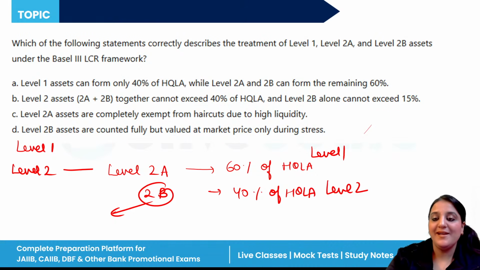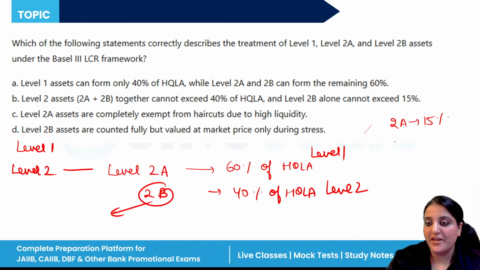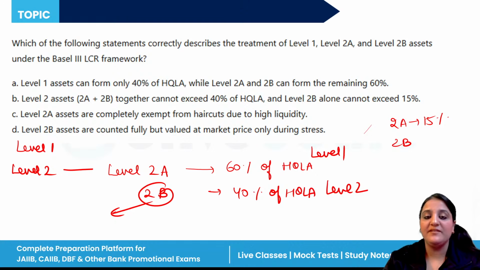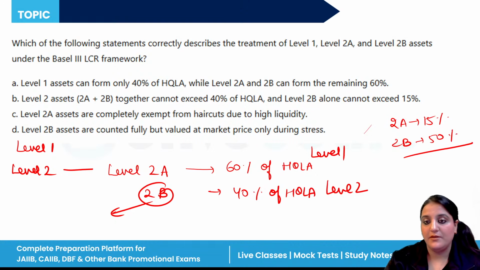Then level 2 is divided into two categories. 2A is having 15% of haircut, whereas 2B is having 50% of haircut, right?